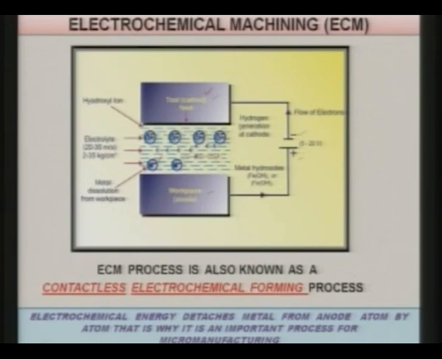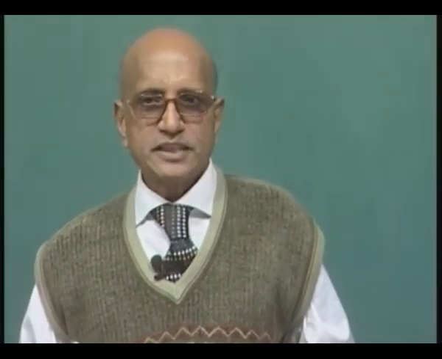We will see the chemical reactions in the following slides. So, you can see here iron is dissolved as ferrous hydroxide or ferric hydroxide. It is very important to note that here material from the workpiece is dissolved atom by atom, and since material is dissolved atom by atom, this process becomes very important for micro machining purposes, where we want material to be removed atom by atom, not in the form of chips or microchips.